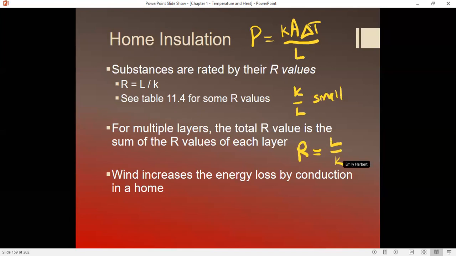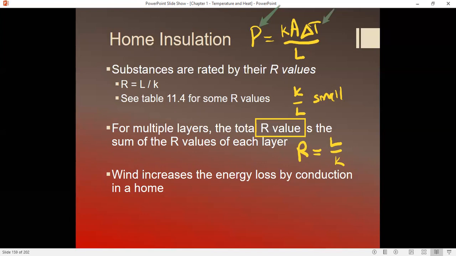You'll see this in a lot of insulation, asking, what is the R value for this insulation? Well, what they're trying to do here is ask the question in terms of what is going to give me the lowest power transfer? What is going to give me the least amount of energy per unit time as I'm going from the hot area to the cold area, okay? Again, if you're heating a house, the interior is going to be warm, the exterior is going to be cold, and the greater the temperature difference, the more power you're going to lose to the outside.